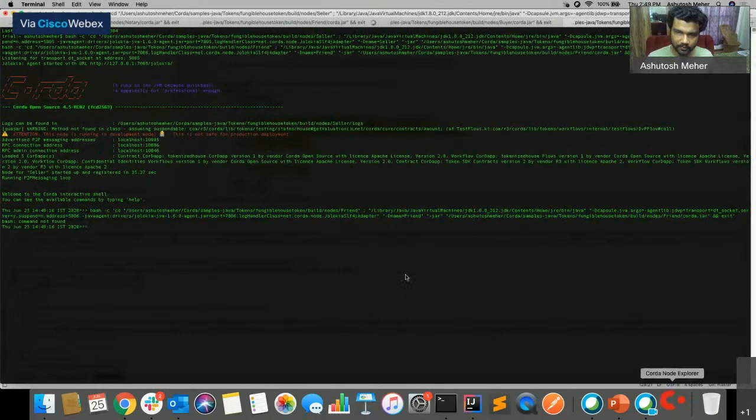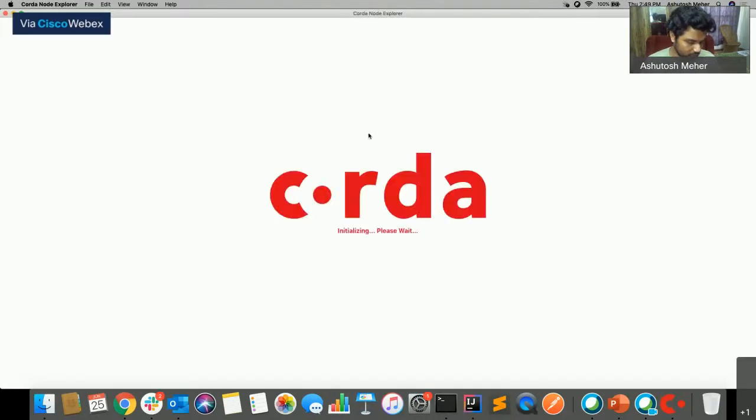So let me open up the Node Explorer so that we can have a visual view of what's happening in the nodes.